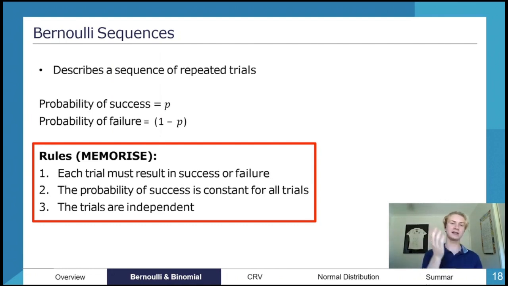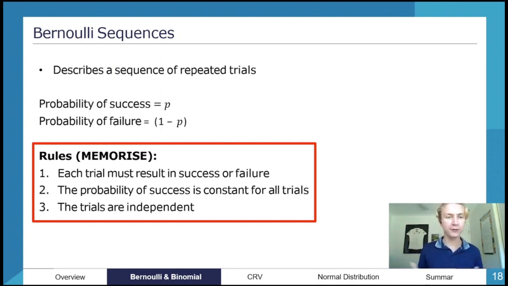And the probability of success is P. The probability of failure is 1 minus P, because there's only success and failure. And remember that the probability of all outcomes has to add up to 1. So what does that mean? That means that if the probability of success is 0.2, well, that means the probability of failure is 0.8, because there's only 2. Binomial, it's got to add up to 1.